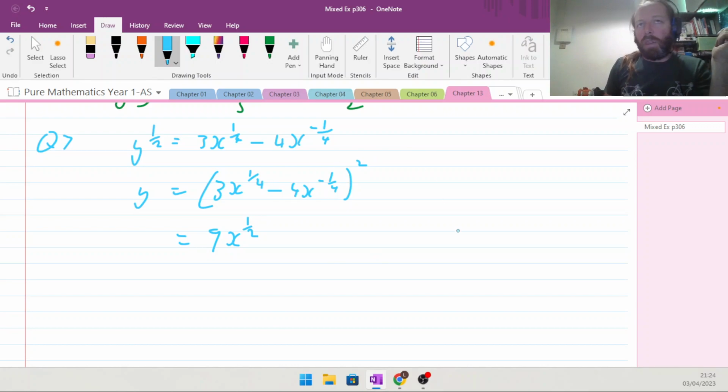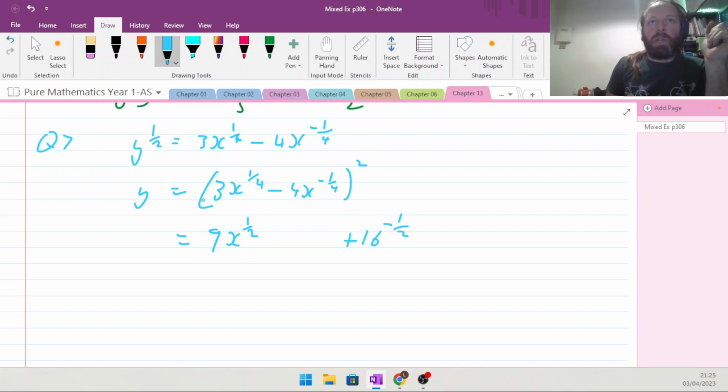On the other end of it, we've got minus 4 squared is 16, and again, we have got minus a quarter, that gives us minus a half. Okay, and it's become a plus.